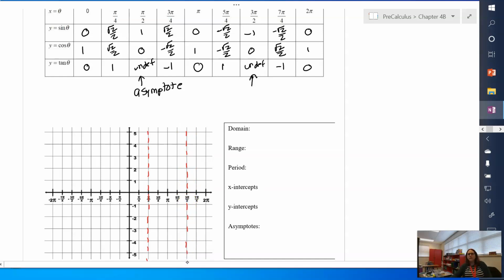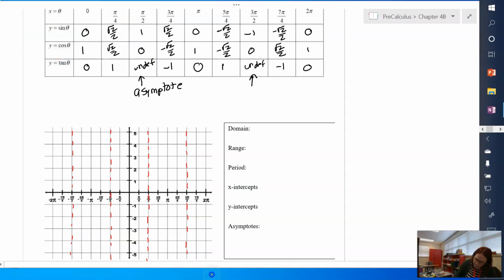Now also remember, since sine and cosine repeat, tangent also repeats. And look at my distance between my asymptotes. It's exactly 1 pi. So that means I'm going to have an asymptote back here at -pi over 2, and another one at -3 pi over 2.